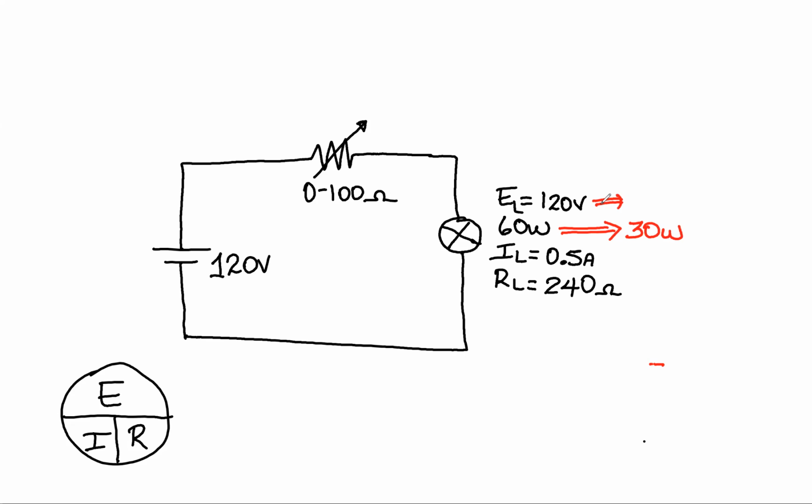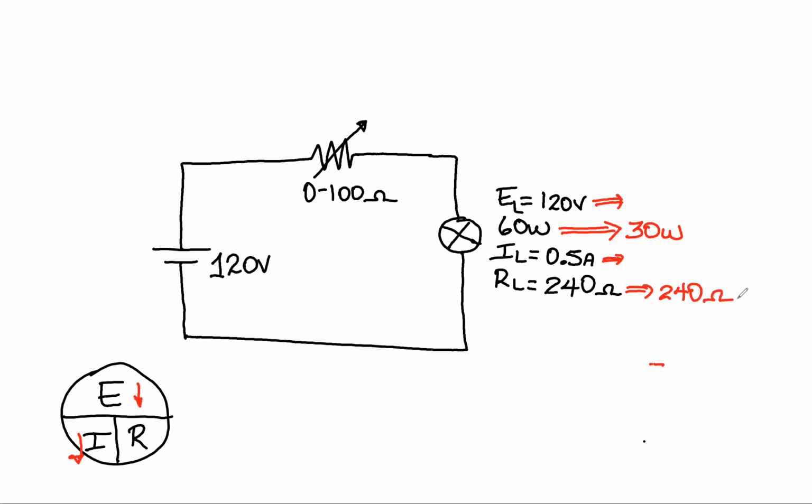And when we decrease the voltage, because of Ohm's law, when voltage goes down, our current will go down. So if I want to decrease this to 30 watts, I want to know what's going to be my new voltage and what's going to be my new current. Remember, this value will still remain the same, 240 ohms.